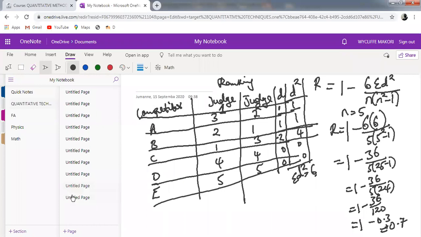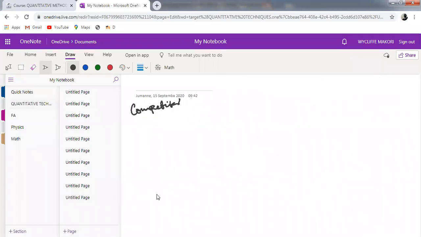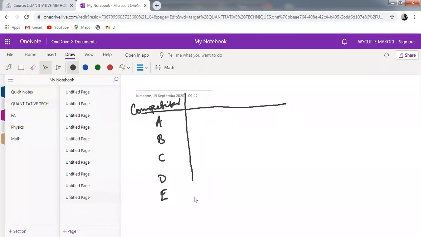Yeah, thank you. Karibu. I was explaining this point here where we have maybe the competitors A, B, C, D, and E. You can find some questions, they don't give you the ranking. You find maybe a question is giving you the marks they scored.